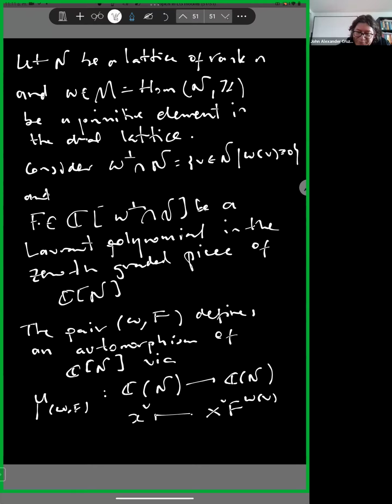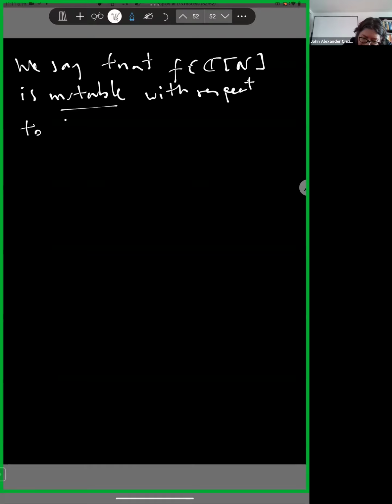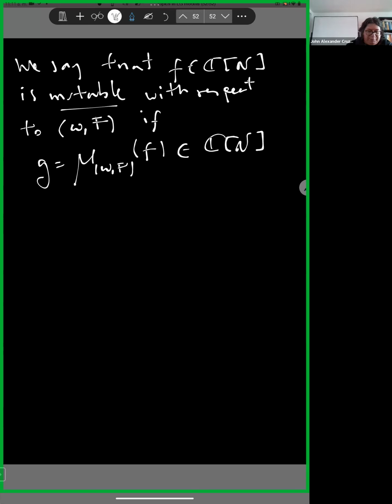We say the following. If you take a Laurent polynomial f, mutable with respect to this pair, and you take g equal to this automorphism applied to f, it is again a Laurent polynomial.